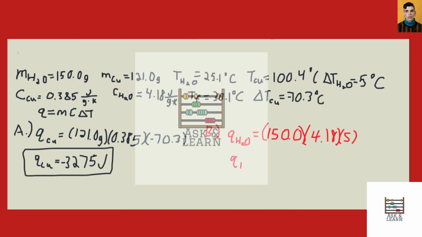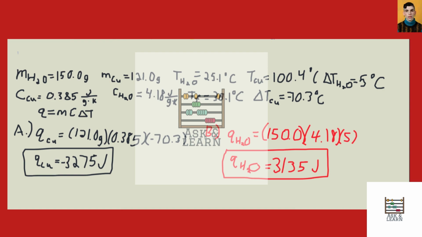So Q H2O is going to be 3,135 joules. So that's the answer to part B.